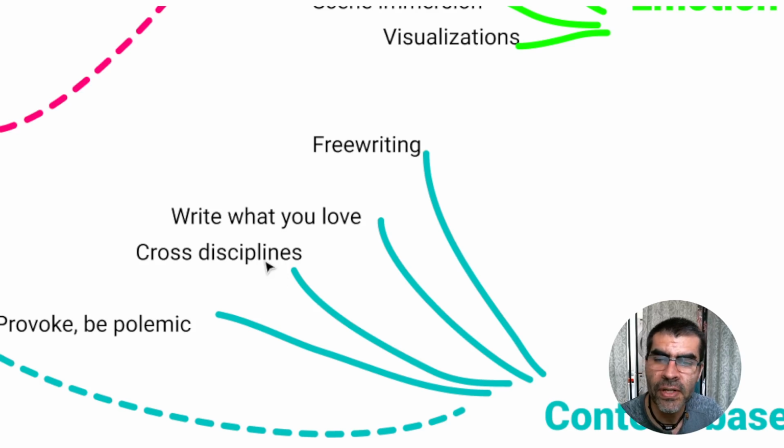Cross disciplines: try to write with the perspective of the things that you know, that you can handle, that you like, to explain or to avoid things that you don't like, or that are work, or that you don't love and are a little bit difficult, but you can start from there. Some people like to be provoking, polemic, and that makes you write more.